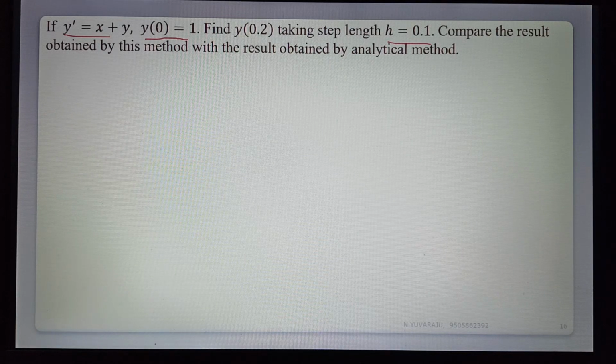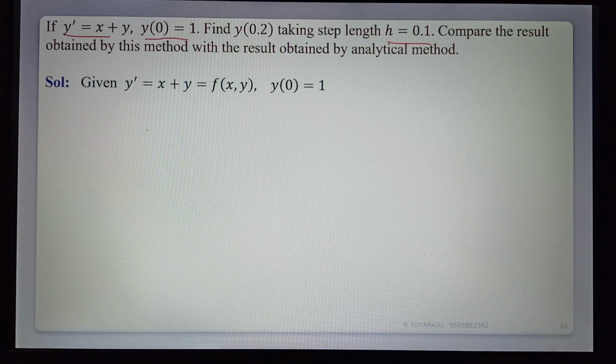Compare the result obtained by this method with the result obtained by the analytical method. That is, compare the numerical value with the exact value found analytically. Okay, now first finding the numerical value.